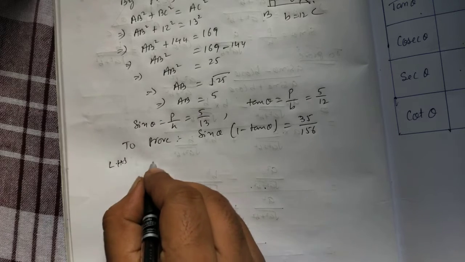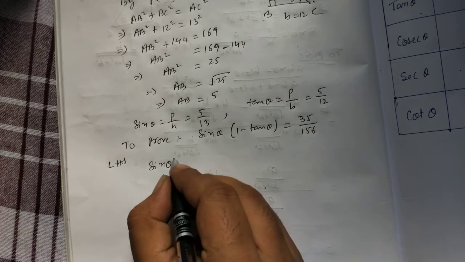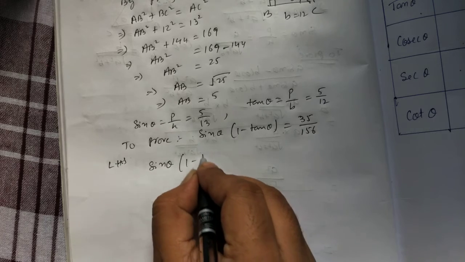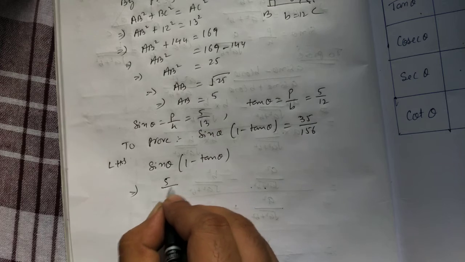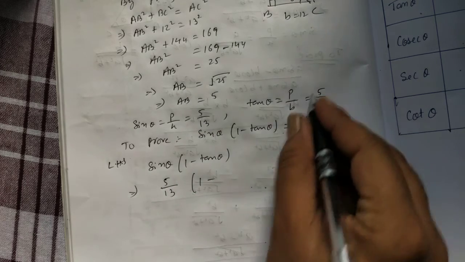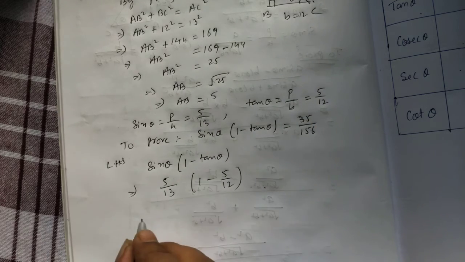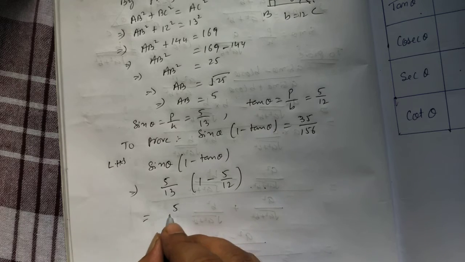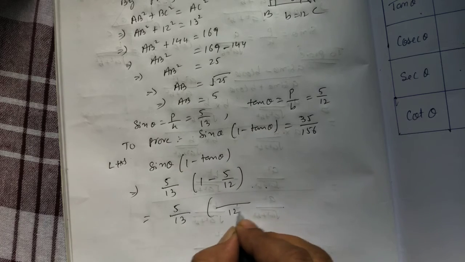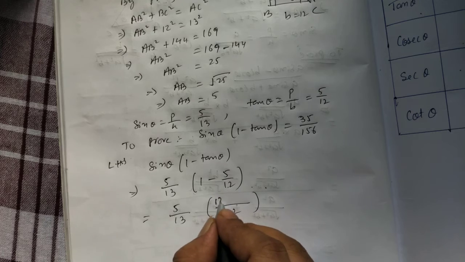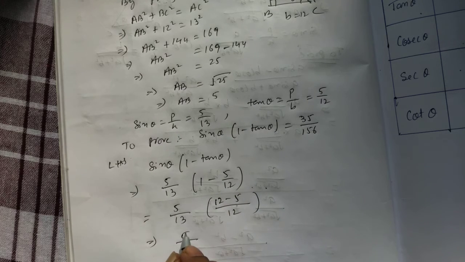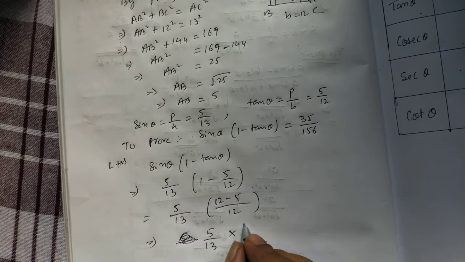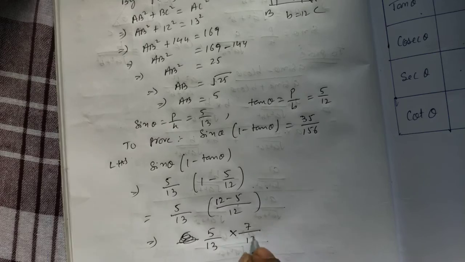LHS, left hand side is sine theta into 1 minus tan theta. Put the value. Sine is 5 by 13, 1 minus tan is 5 by 12. Take the LCM. Here LCM is 12. Cross multiply 12 into 1 is 12 minus 5. 5 by 13. 12 minus 5 is 7 by 12.